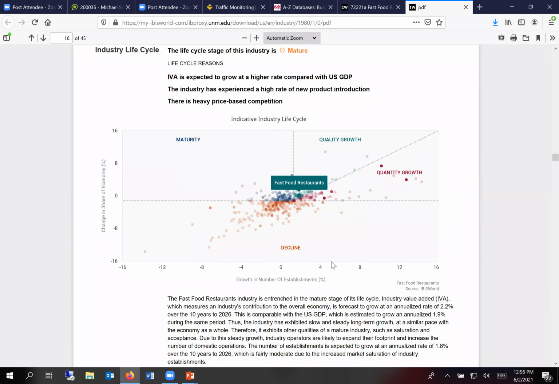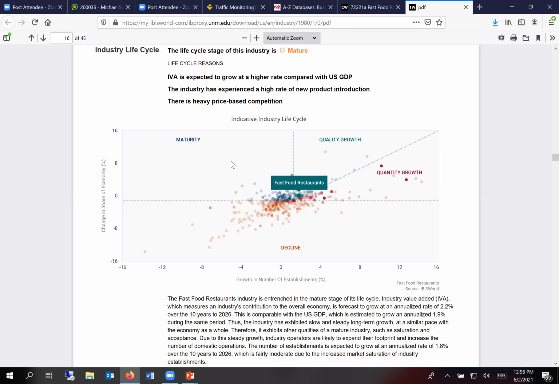This is where this particular business is in the industry life cycle. If I'm starting a new business, I usually want my business to be in quality growth or quantity growth. That means more businesses like this are going to pop up over the next, say, 5 years. Business in the maturity section of the industry life cycle means you're competing with businesses that have been around for 8 years or more.